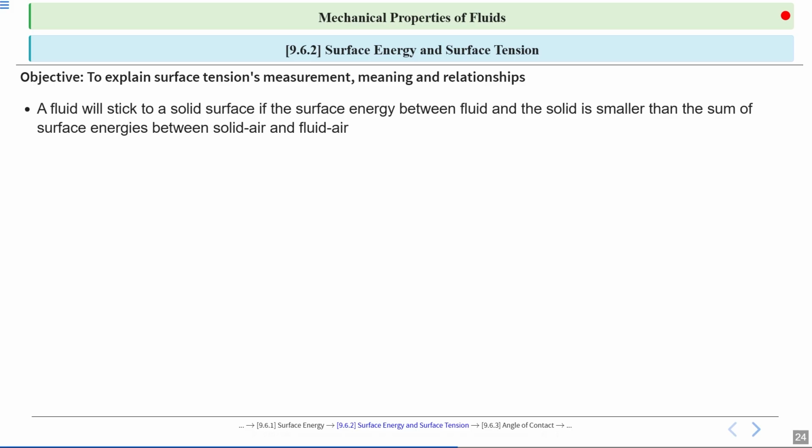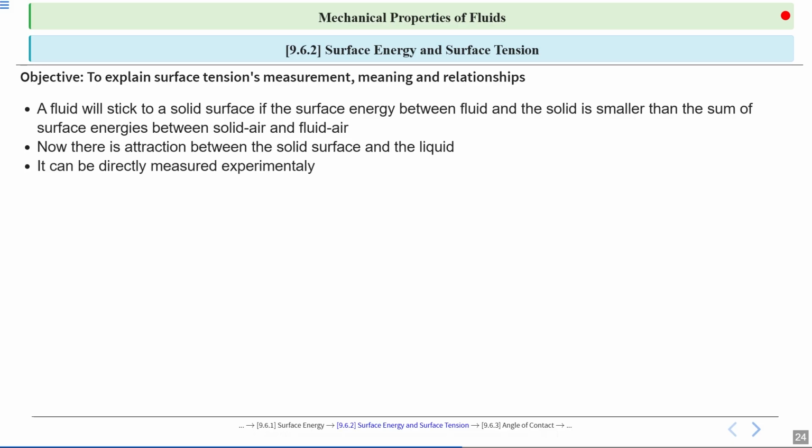In simple terms, if the fluid likes the solid more than it likes being next to air, it will spread out and stick to the solid. This means there is an attraction between the solid surface and the liquid. For example, water tends to climb up clean glass because the attraction between water molecules and glass is strong. This attraction is what leads to phenomena like capillary action.